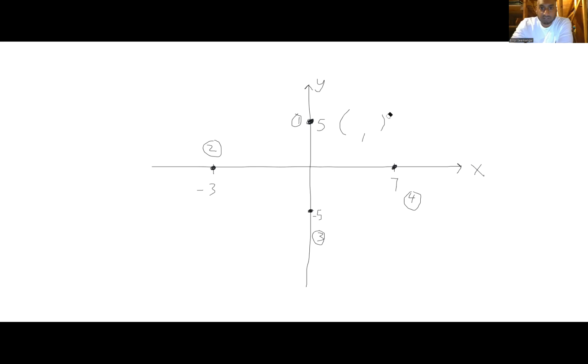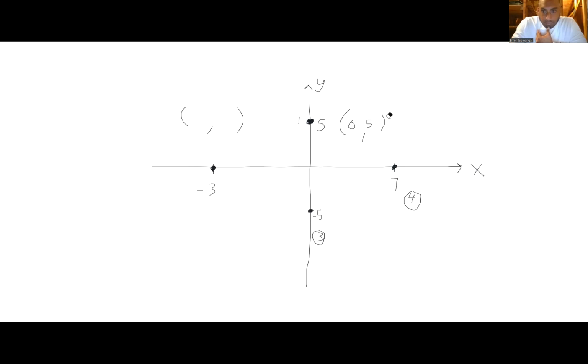What's the X coordinate on this point right here? It's 0. It's on the Y-axis, right? So it's 0, 5. What's the XY on number 2? What's this X value right here? No, I just want you to give me the coordinates.